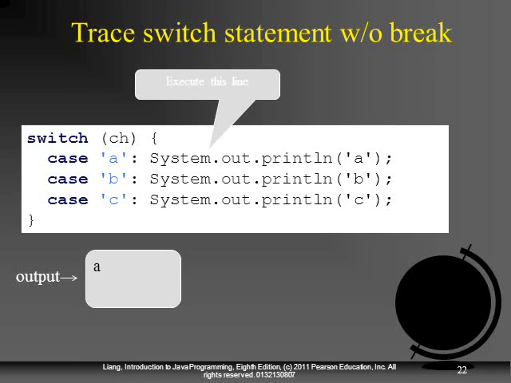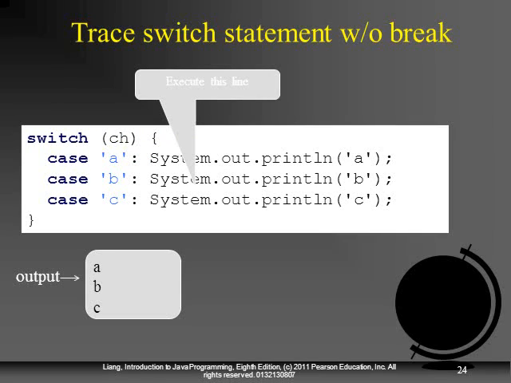In this case we only have one, but we could have many statements, and so the output is a. Now here's where the rub comes in. Notice that it's also executed the line that says B. And lastly, it prints out that we have a C.